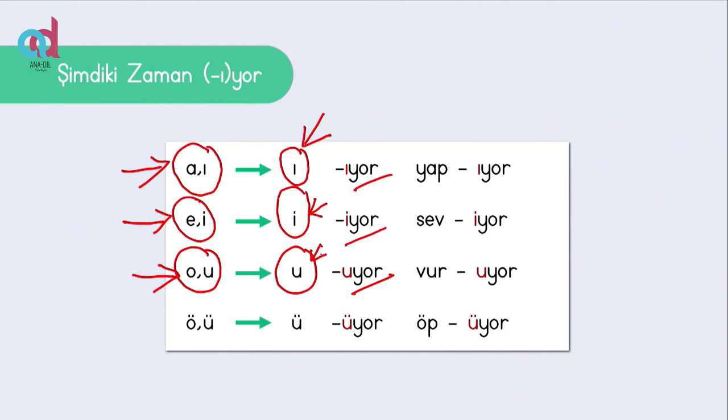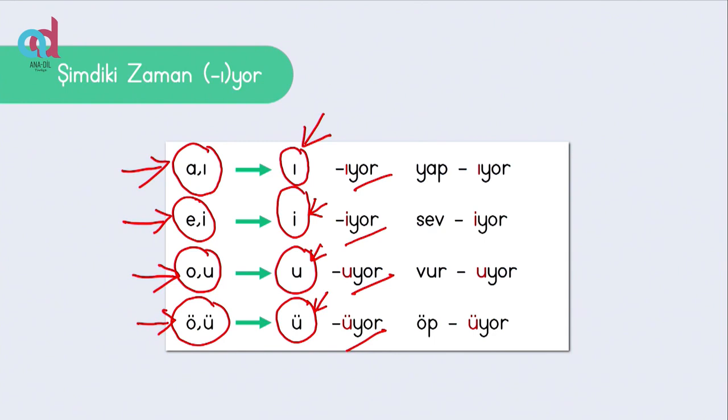If the last syllable of our verb root has the close vowel ö, ü, then our şimdiki zaman suffix yor has to start with another close vowel, ü. Let's have some examples so that we understand better.